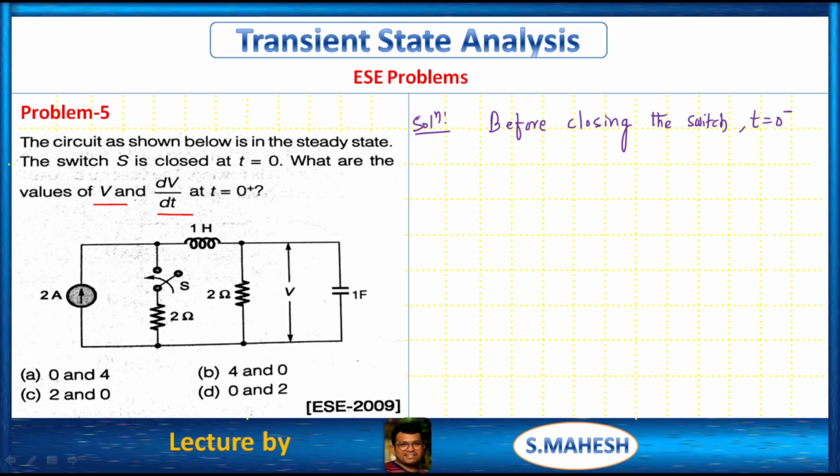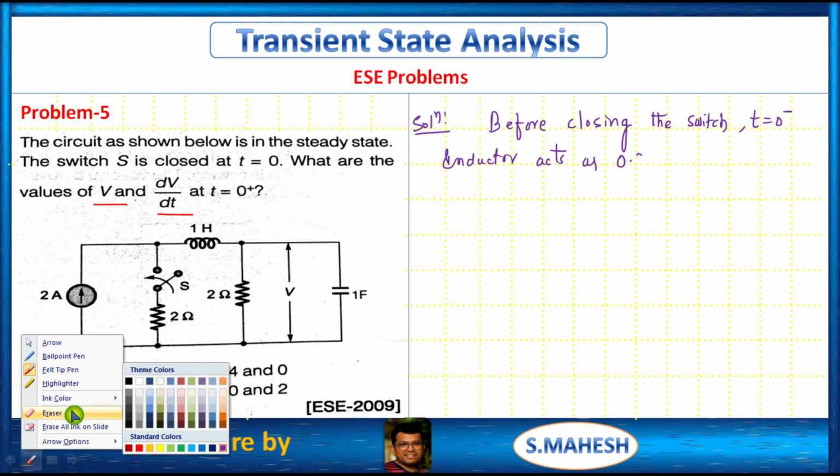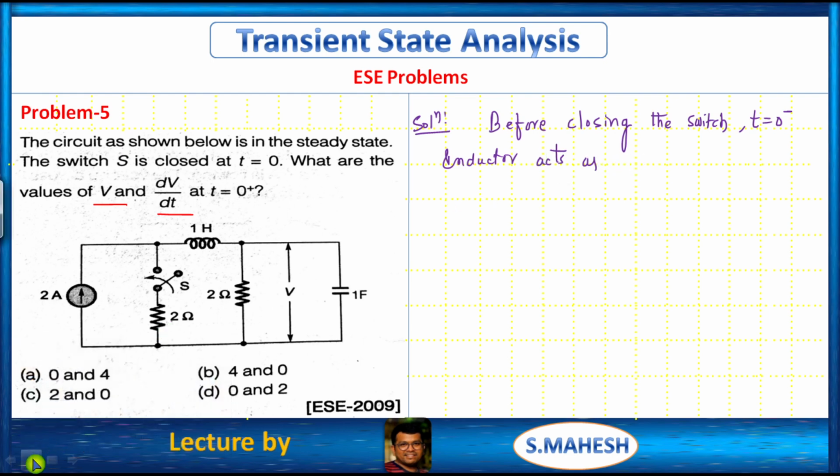Given that the circuit is in steady state, the inductor behaves as short circuited and the capacitor acts as open circuited. Clear? Therefore the circuit becomes what?